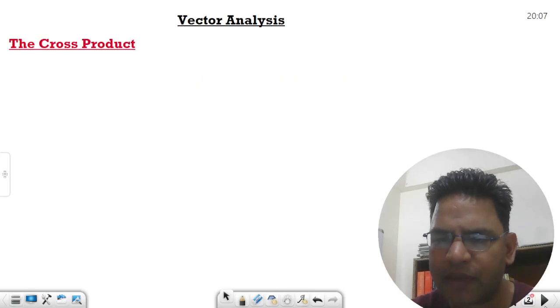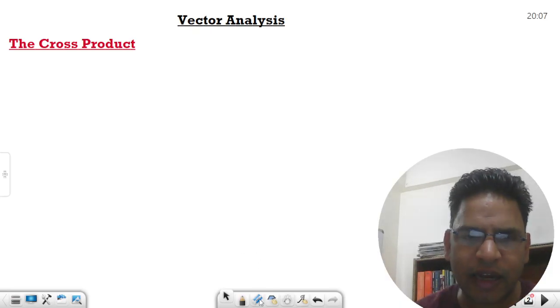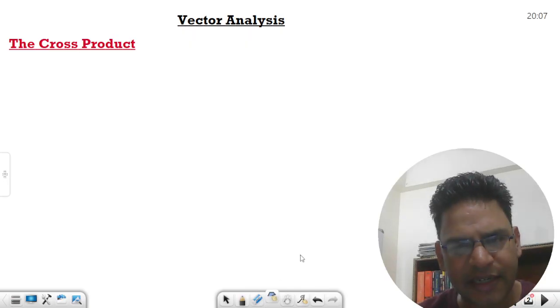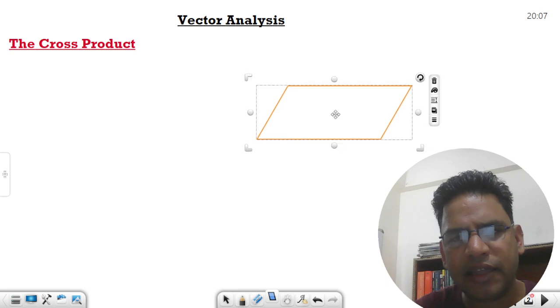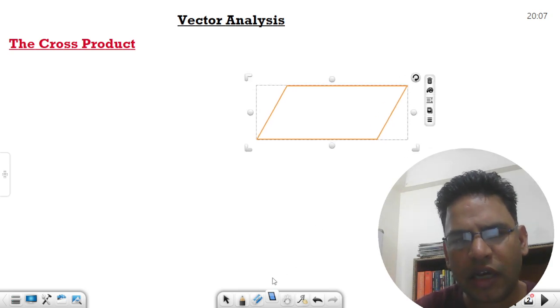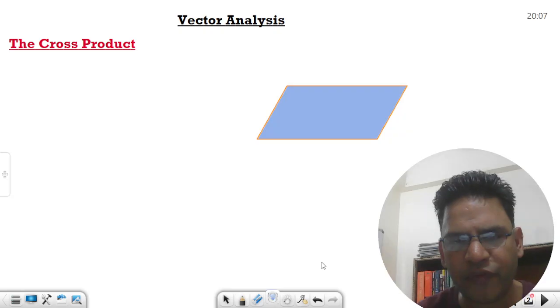What is cross product? By the way, cross product is defined for two vectors. Suppose two vectors are in a plane. Okay, and in this particular plane, let's say this is a plane where two vectors are a and b.